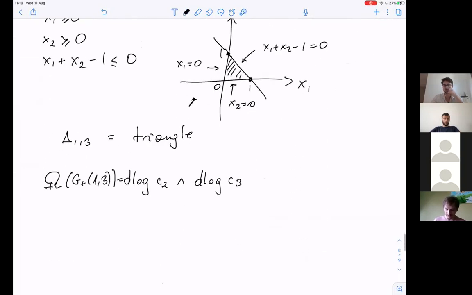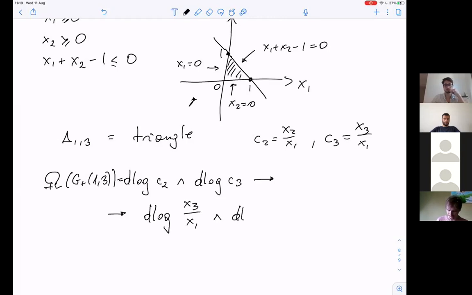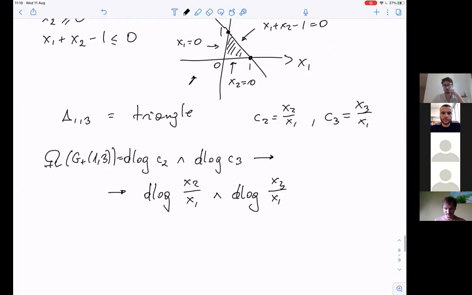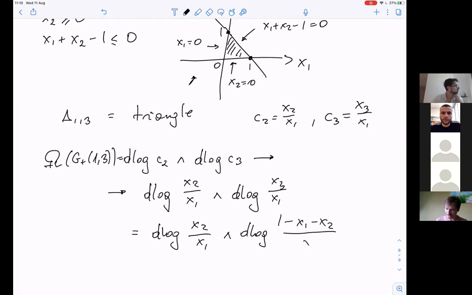And then what happens is that you can just calculate that by substituting. So substituting C2 equals x2 over x1 and C3 equals x3 over x1, you can find the following differential form: d log x2 over x1 wedge d log x3 over x1, and remembering that x3 is related to x1 and x2, so this is the same as d log x2 over x1 wedge d log (1 minus x1 minus x2) over x1.